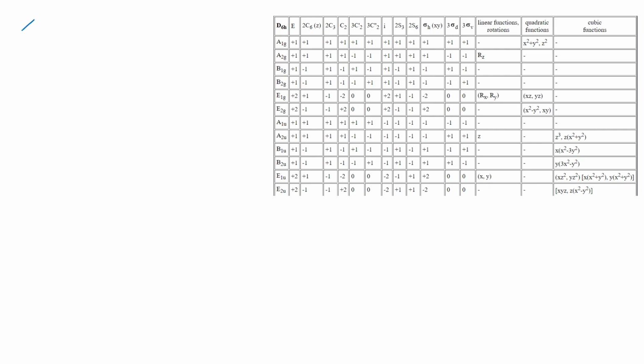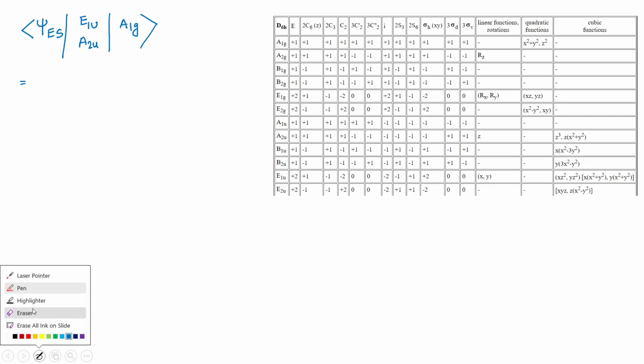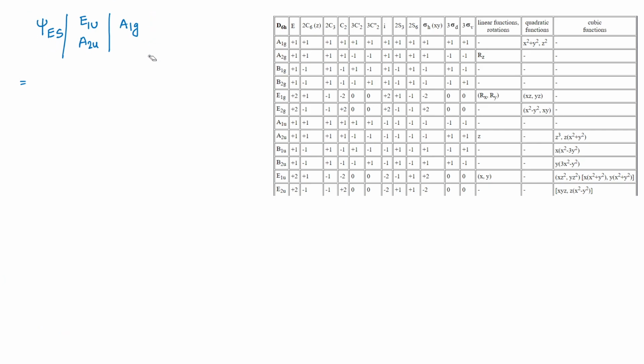We are looking at psi ES, and then the symmetry of XY is E1U and A2U for Z, and ES is already A1Z. So, leave the brackets alone for now, because we are not bothered about the volume element.